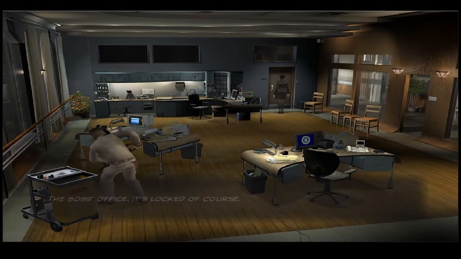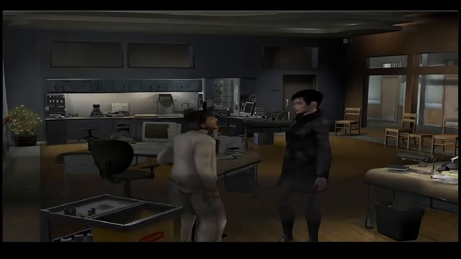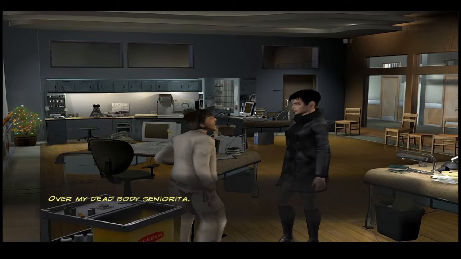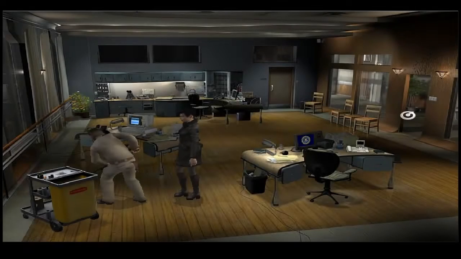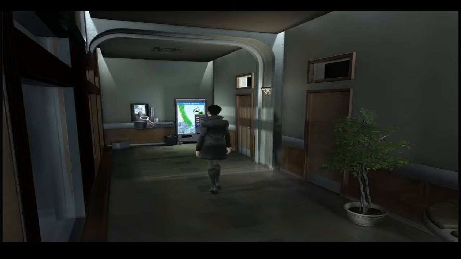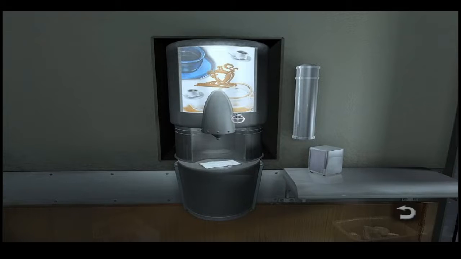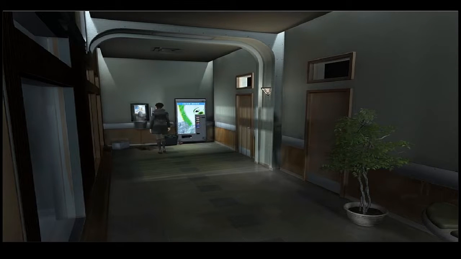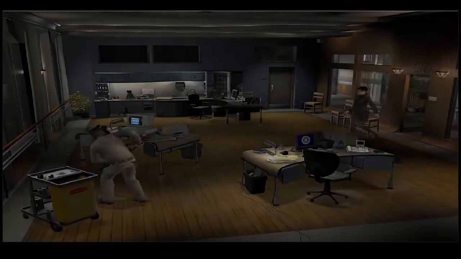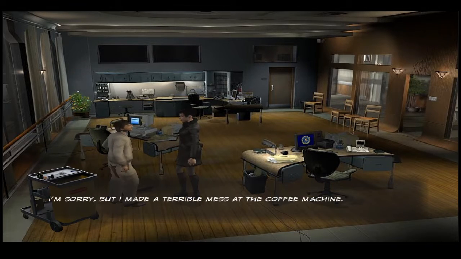The boss's office. It's locked, of course. Hey, do you think I could borrow those keys? Over my dead body, señorita. I'm sorry, but I made a terrible mess at the coffee machine. Oh, that machine is so stupid.